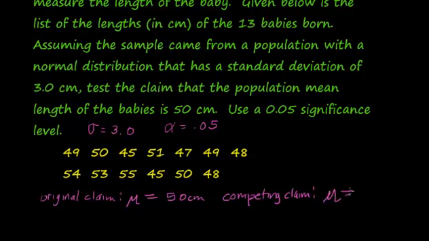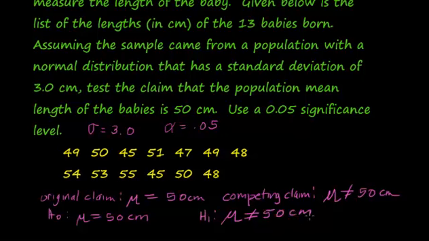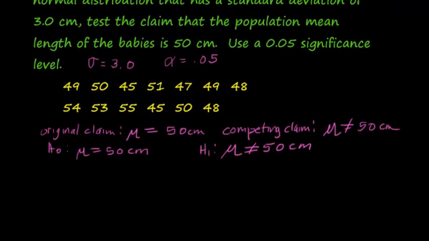The mean is not equal to 50 centimeters. So our null hypothesis, of course, is the mean is 50 centimeters. And our alternate hypothesis corresponds to the competing claim, that the mean is not 50 centimeters. You'll hear the words "is different from." It could be lower, it could be higher, but it's different from 50 centimeters.